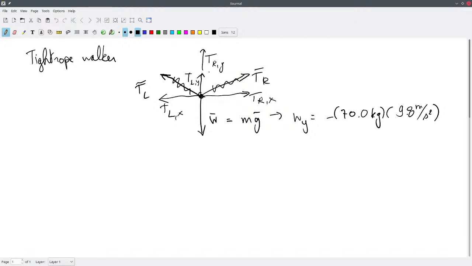So let's now write down, let's assume that this tightrope walker is walking at a constant velocity, or maybe even at rest. So the acceleration is equal to 0.